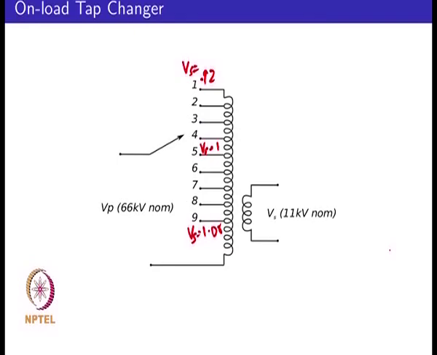If you look at the tap changer, you can think of it on a per phase basis as a 1 pole 9 throw switch. On a 3 phase basis, it is a 3 pole 27 throw switch.